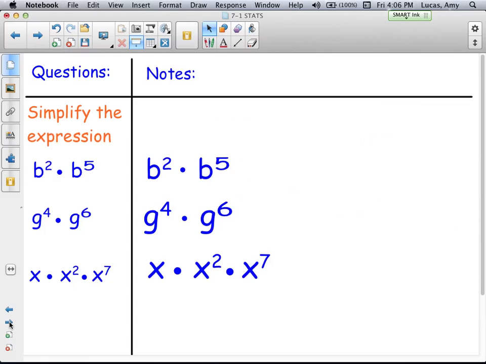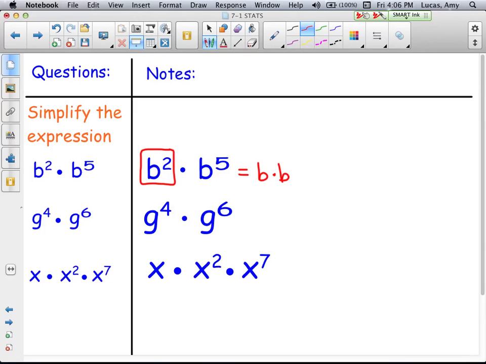Now, simplify the expression. These expressions are products of powers. b to the second power is b times b. That's what b to the second power means. The exponent means that you repeat that multiplication. b to the fifth power means that I would have 5 b's multiplied together.